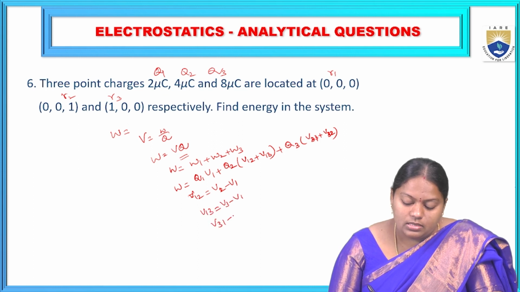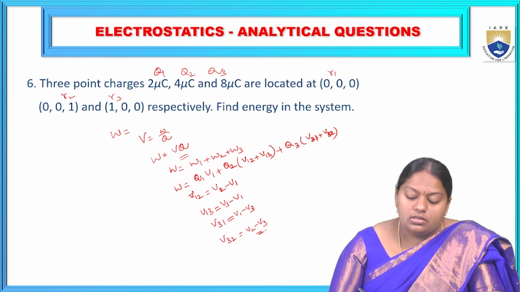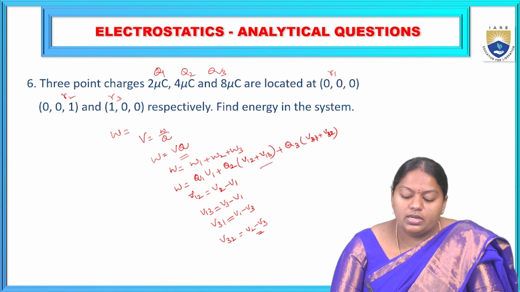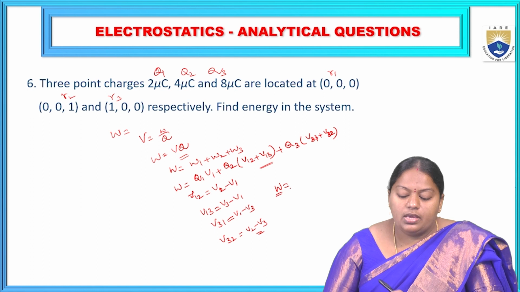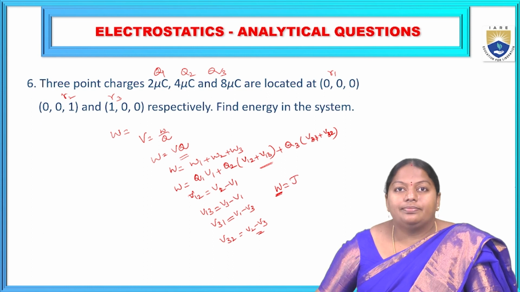Similarly, V31 is V1 minus V3, and V32 is V2 minus V3, right? This is the way we evaluate all the potentials and substitute them. Finally, the value obtained for work done or energy is measured in joules.